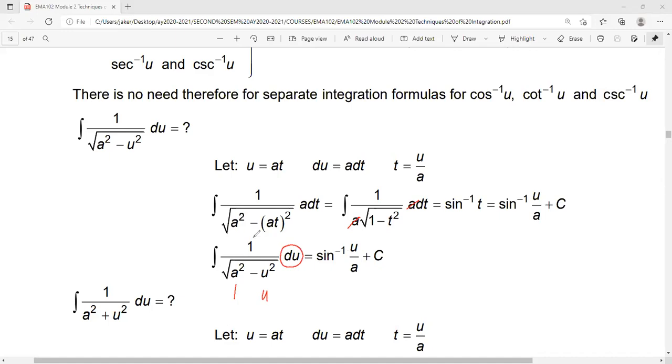So the expression 1 over the square root of a squared minus u squared should be multiplied to the derivative of the u only in here. This a can be any real number. Anyway, you're just going to place it there. So instead of only answering the arcsine of u, this time you will have the arcsine of u over a.